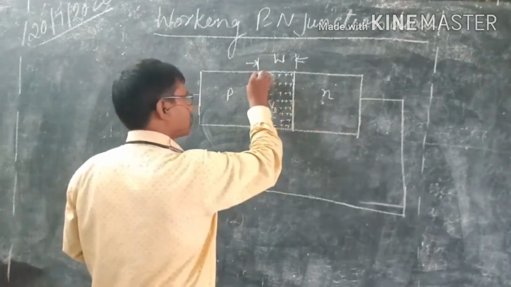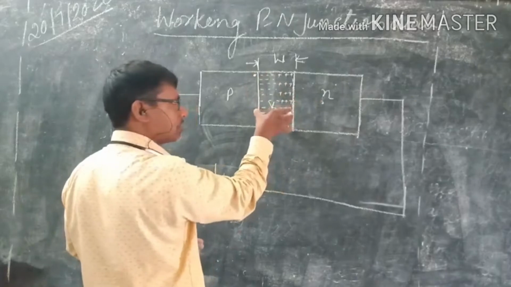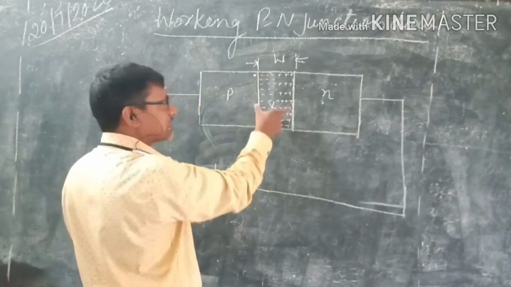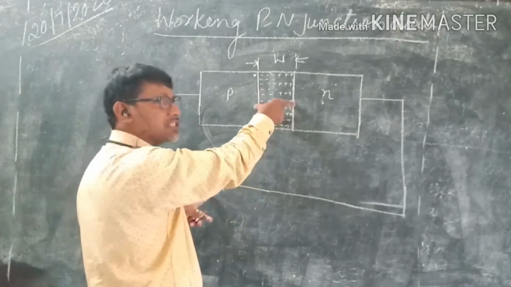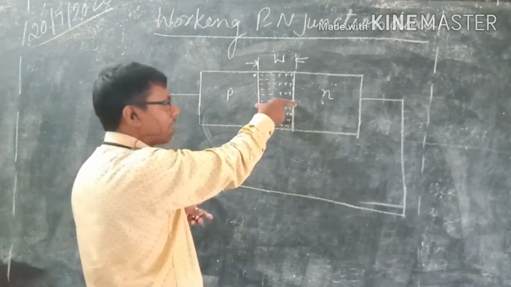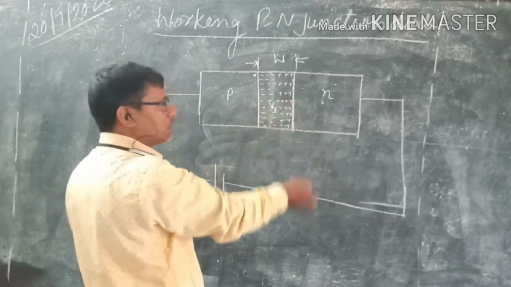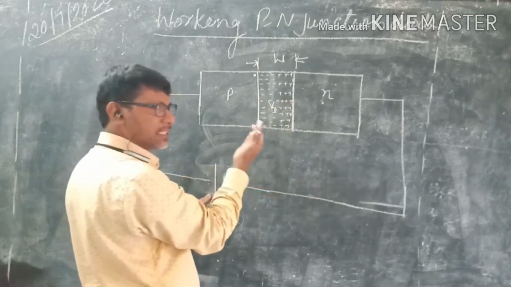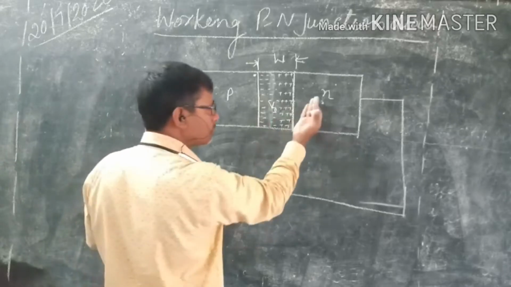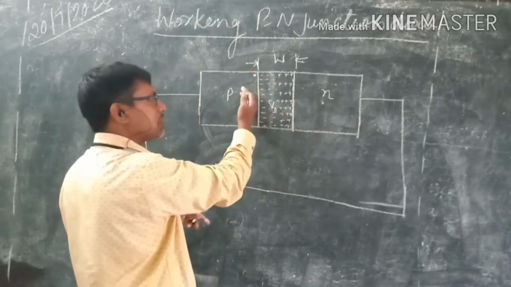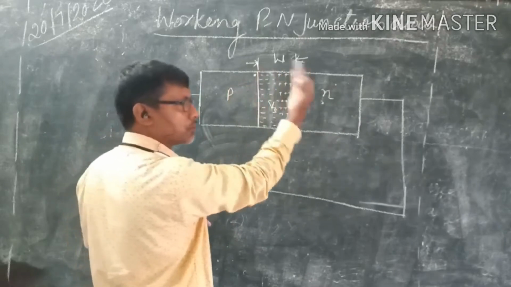After the application of forward bias, the junction width decreases and the potential barrier also decreases. So it becomes easy for electrons to cross from the N region to the P region and holes from the P region to the N region.